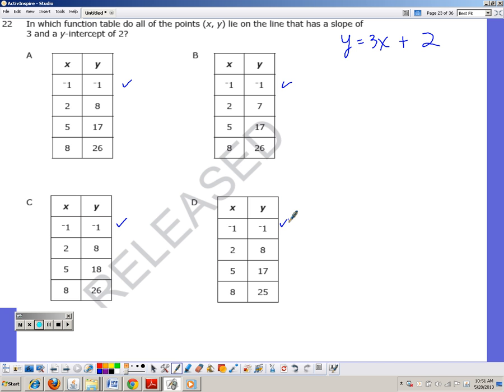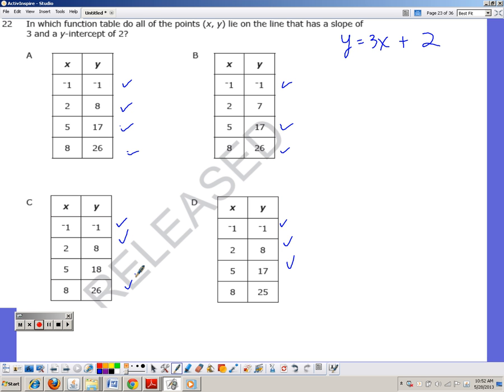Three of them have (2, 8), three of them have (5, 17), and three of them have (8, 26). Since they all have (-1, -1), you know (-1, -1) is going to work. So I will skip ahead and do (2, 7).